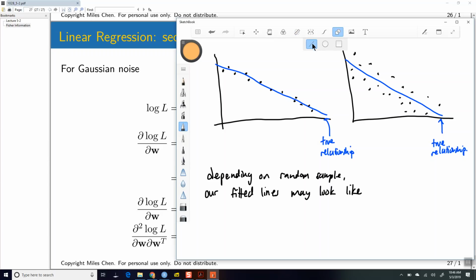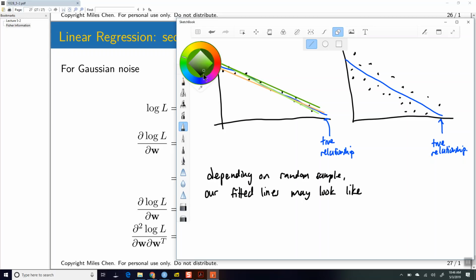For something like this, depending on your random noise, maybe you'll get a line that looks like that, or a line that looks like that, or maybe it ends up over there, because you get different random noise.